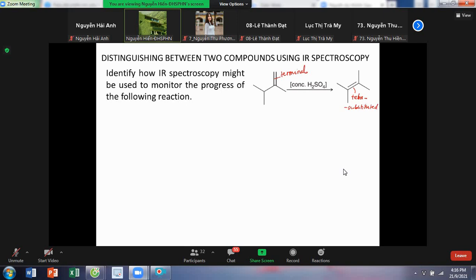And then you can use infrared spectrum to distinguish these two compounds.